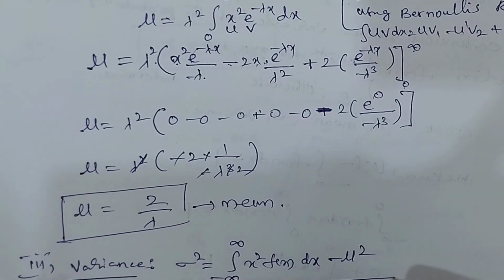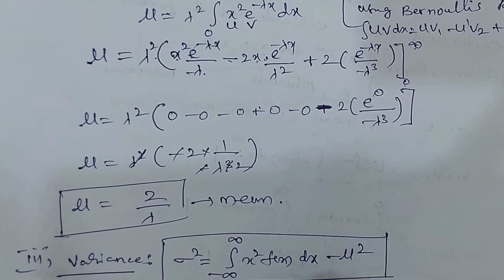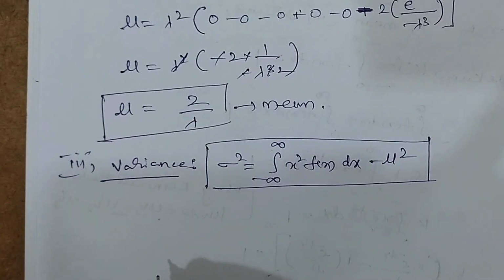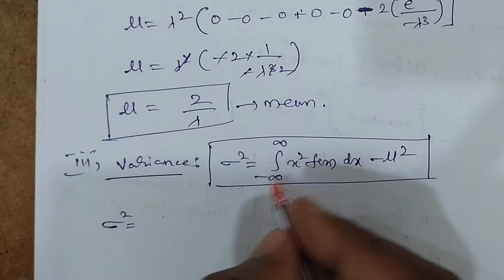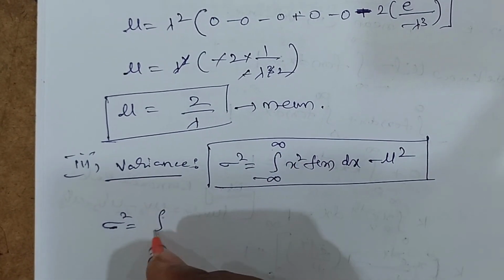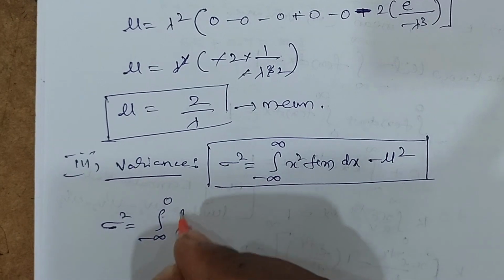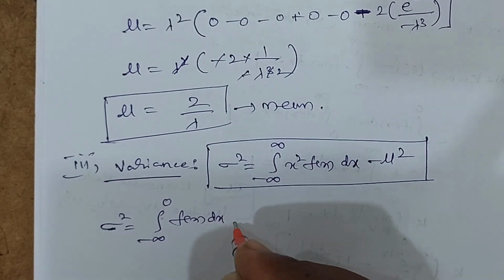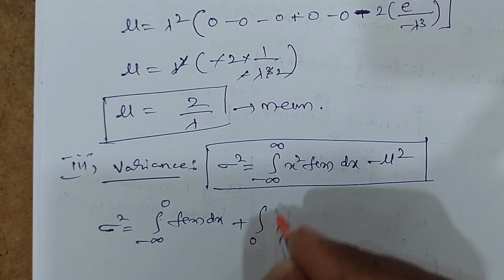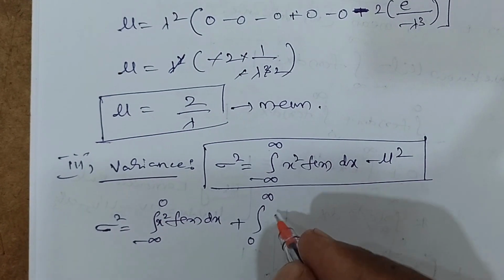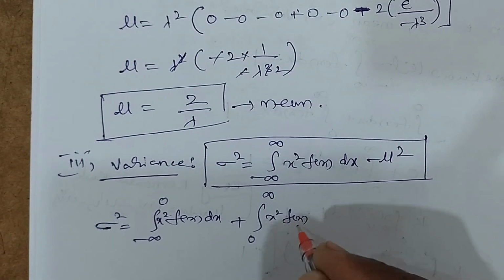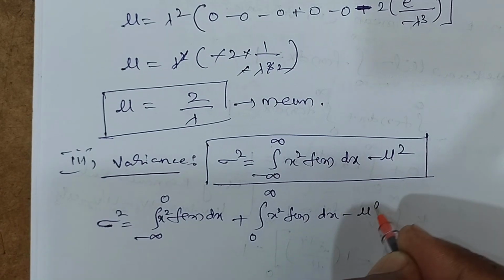It is the variance formula for a continuous random variable. So the same, sigma square is equal to, the limits divided into two parts, so minus infinity to 0 f of x dx plus the next part 0 to infinity, so it is x square into f of x dx minus mu square.